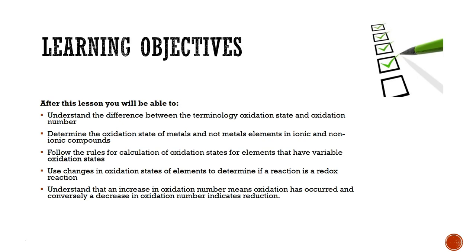These will primarily be non-metals, but as we've said, we need to work these out for metals as well, particularly those D-block transition metals. And then using those changes in oxidation state to determine if a redox reaction has occurred, or what the oxidation or reduction process is.